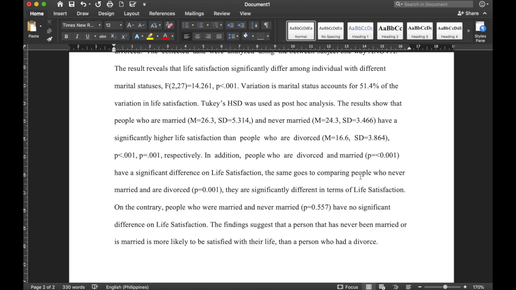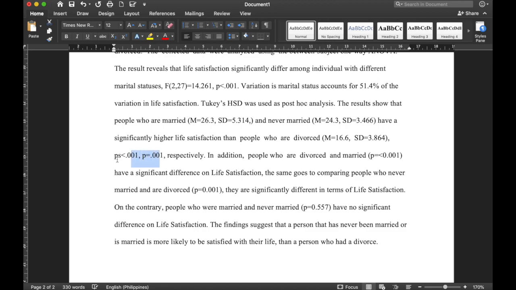Since less than 0.001 and exactly 0.001 are both less than 0.01, maybe we can just say p's, which refers to the two probability values.